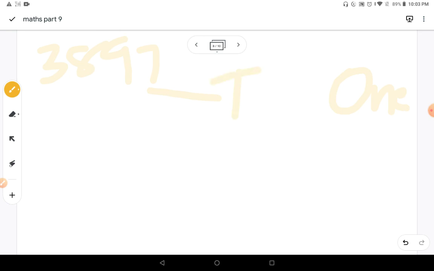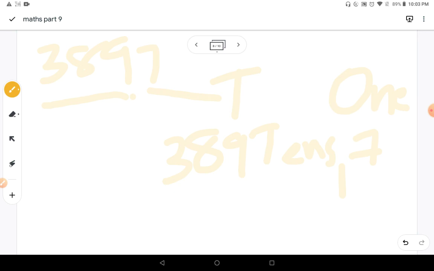How will you write it? Ones is definitely 7, that many ones. Now you have to represent the remaining in tens. So what you have to do is take the entire remaining number, that many tens, 389 tens. So this is how you have to do it, 389 tens and 7 ones.